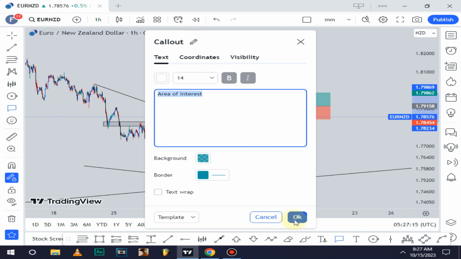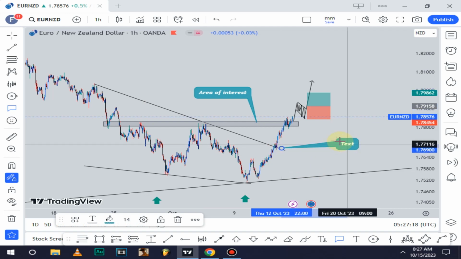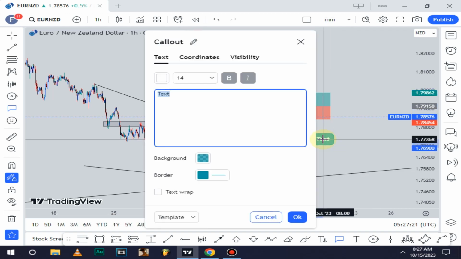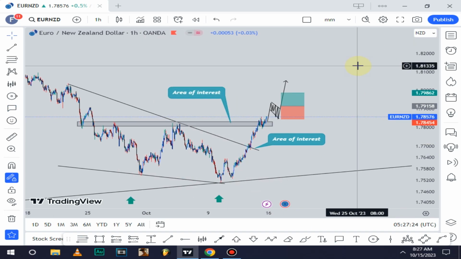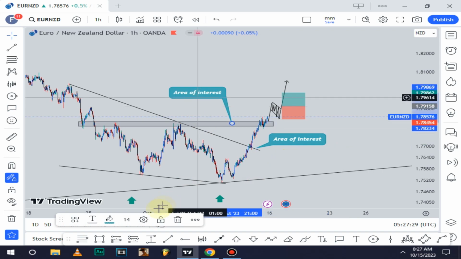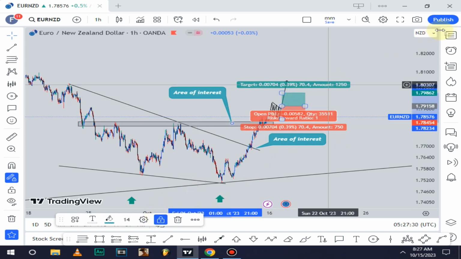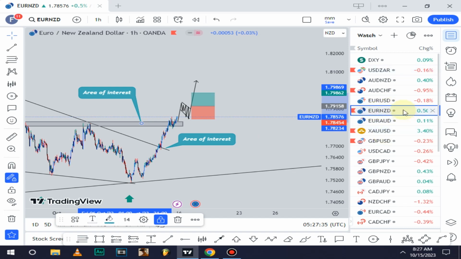That is one area of interest, and still we have this trend line resistance that should also be an area of interest. Those are just the zones that I have to watch out for and see how price will be playing around those zones, because I want to look for buy entry positions. Now nice. Let me see if I can get another one.